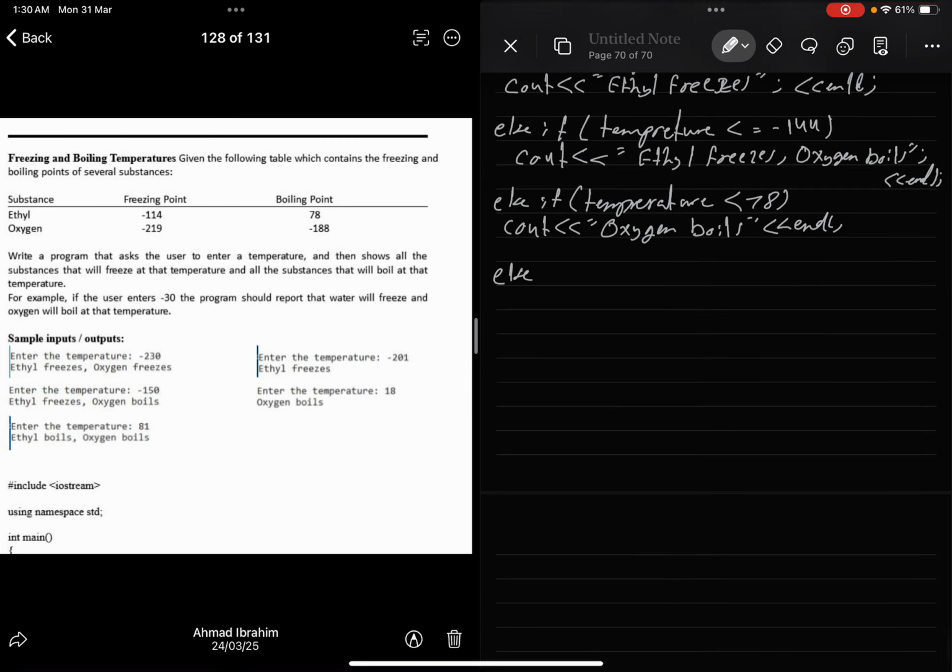Else it will be ethyl boils, oxygen boils. And return 0 and close the bracket.